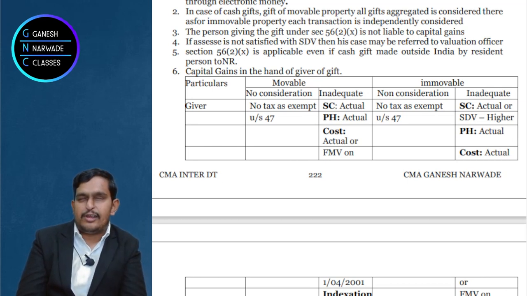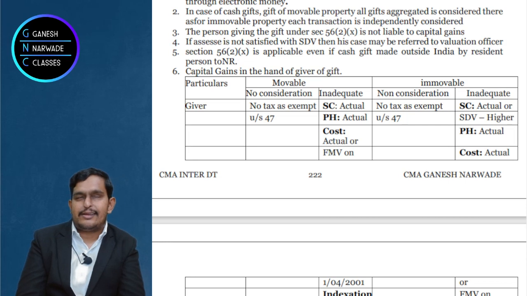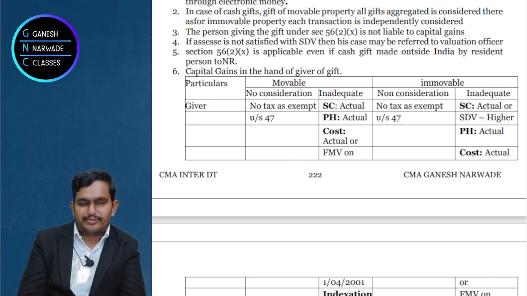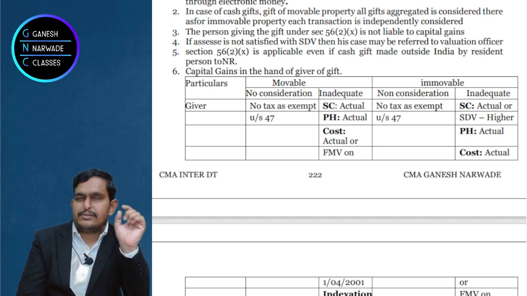I request you to please refer it to the valuation officer. And if I request that it should be referred to the valuation officer, then definitely the assessing officer will go to the valuation officer for value determination. Okay, that can be done, and we discussed it in detail in the capital gains chapter.